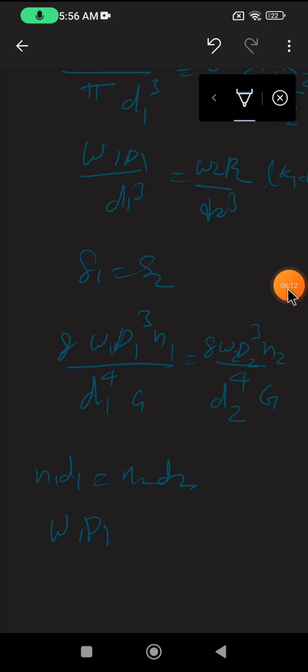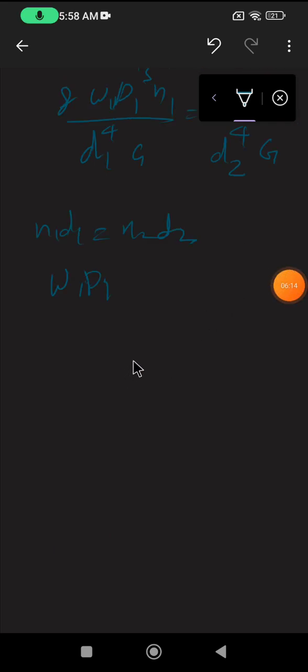Using this relation, we will have W1 D1 cube upon d1 raised to 5 is equal to W2 D2 cube upon d2 raised to 5.